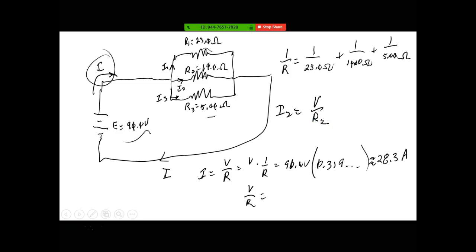Now, we know what the voltage is, don't we? 90.0 volts, because the voltmeter anywhere across that circuit is going to read 90, divided by the resistor R2, and that was 14.0 ohms.